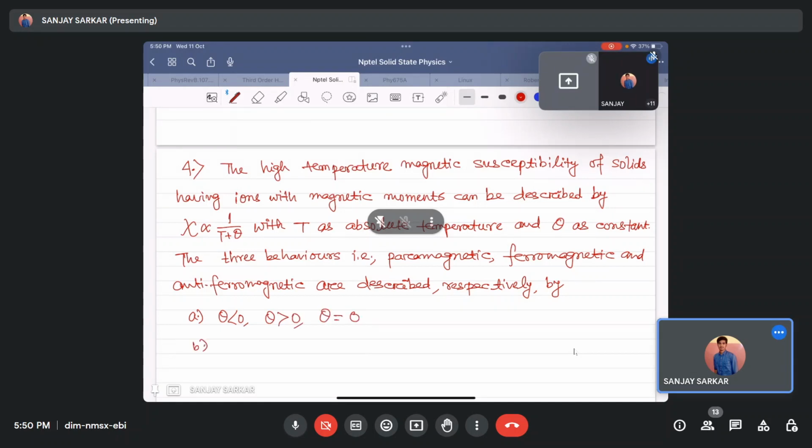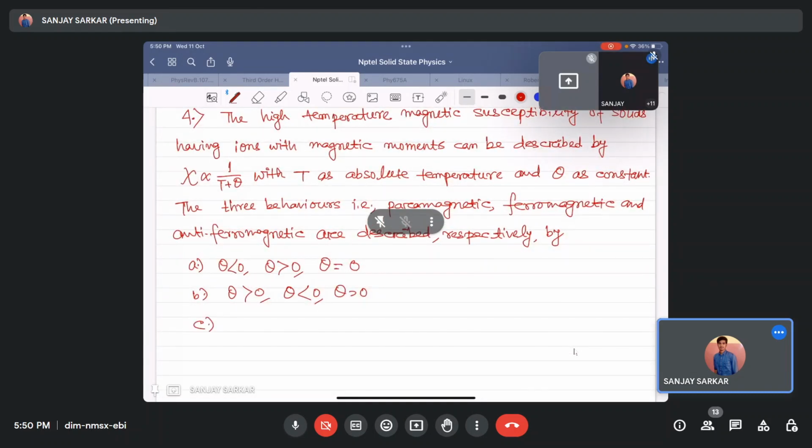Option B is theta is greater than 0, theta is less than 0, and theta is equal to 0. Option C is theta equal to 0, theta less than 0, theta greater than 0, and option D is theta equal to 0, theta greater than 0, and theta less than 0.